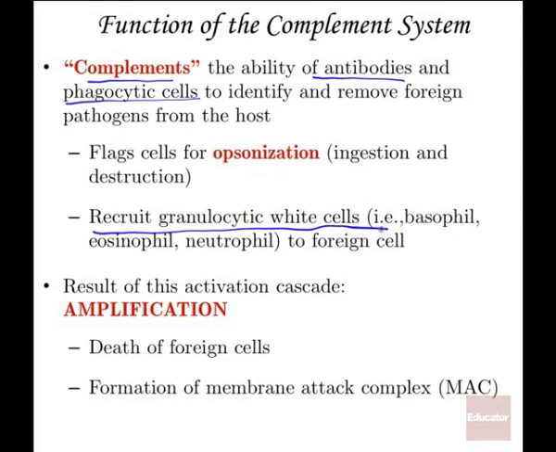With all of this activation going on with complement, that leads to an amplification of these immune reactions, such that eventually we have death of the foreign cells. And the complement also facilitates the formation of membrane attack complexes, which then leads to the direct destruction of cells.